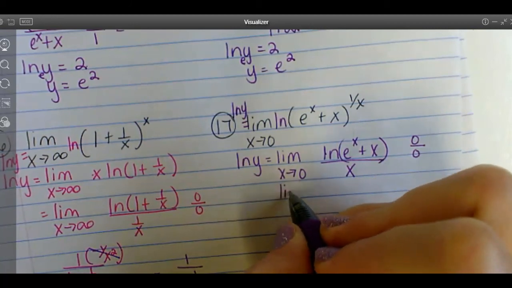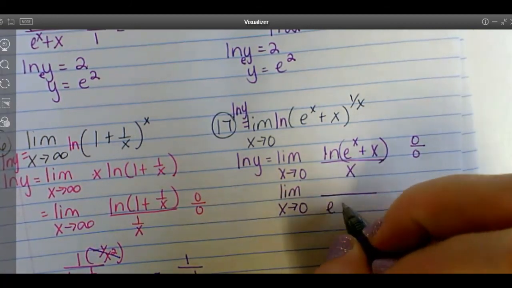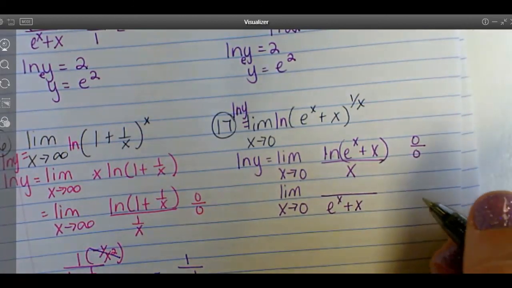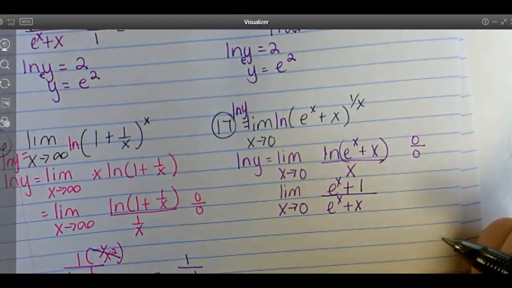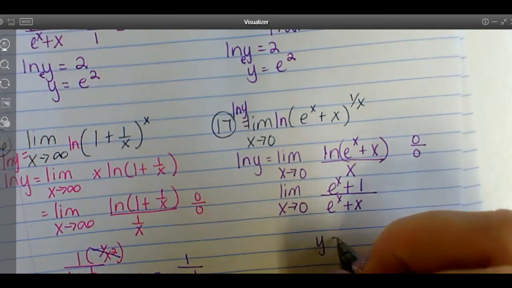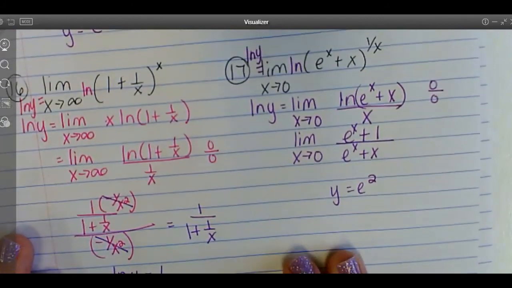Find the derivative. The derivative of natural log of something is 1 over the something, times the derivative of that, and that looks like I've already done this problem in number 14. So I'll just go ahead and tell you it was y equals e squared. I did not realize we had the same problem there, so we don't have to finish that.